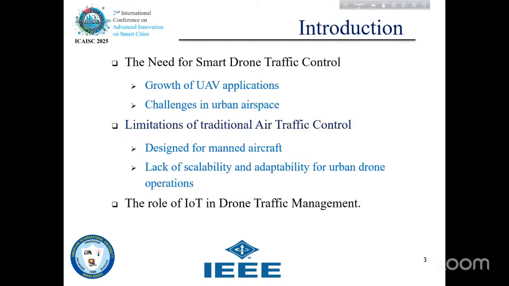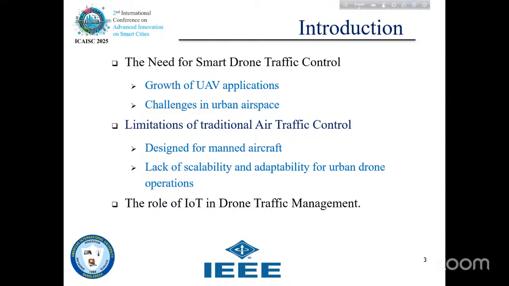The rapid growth of UAVs has opened up new opportunities across various sectors, including transportation, delivery services, and emergency response. However, as UAV, meaning unmanned aerial vehicle, applications expand, managing drone traffic in urban airspace has become increasingly challenging. Traditional air traffic control systems, designed primarily for manned aircraft, are struggling to meet the demand of this fast-evolving landscape.